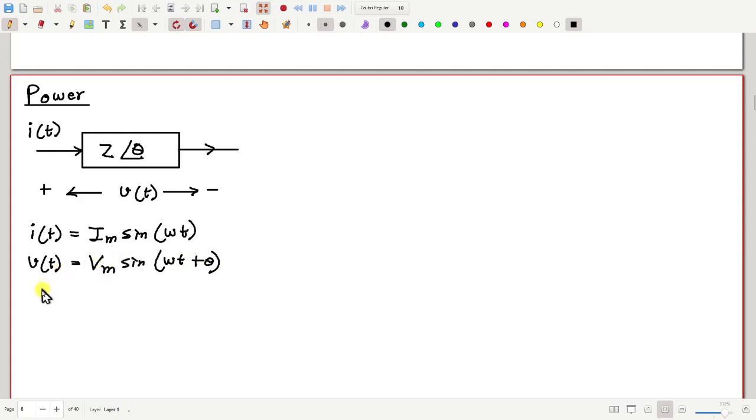You can easily see that Vm must be equal to Im times Z.